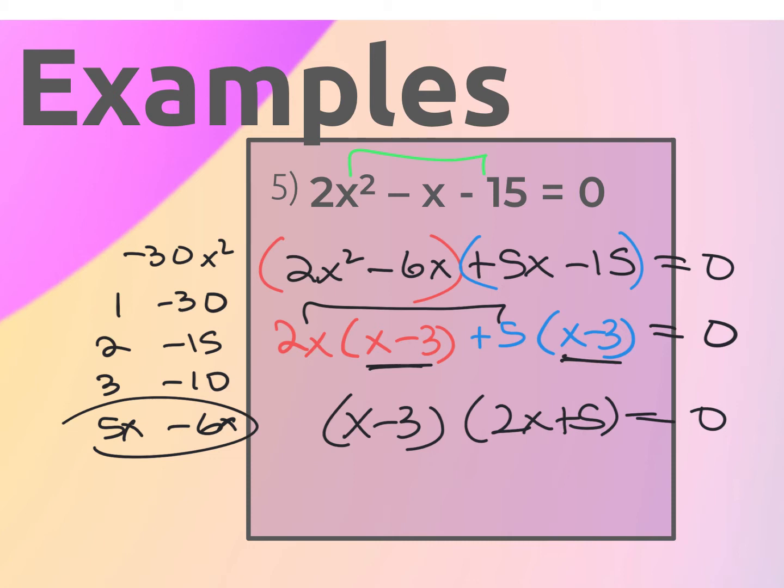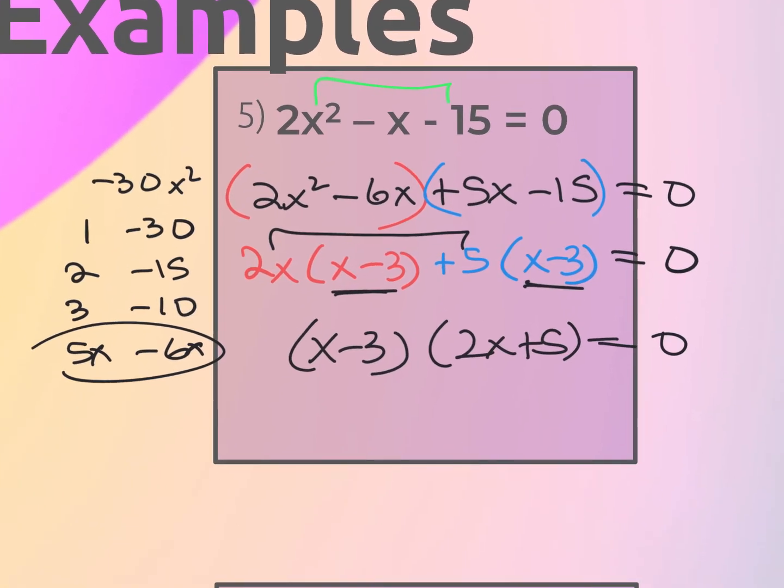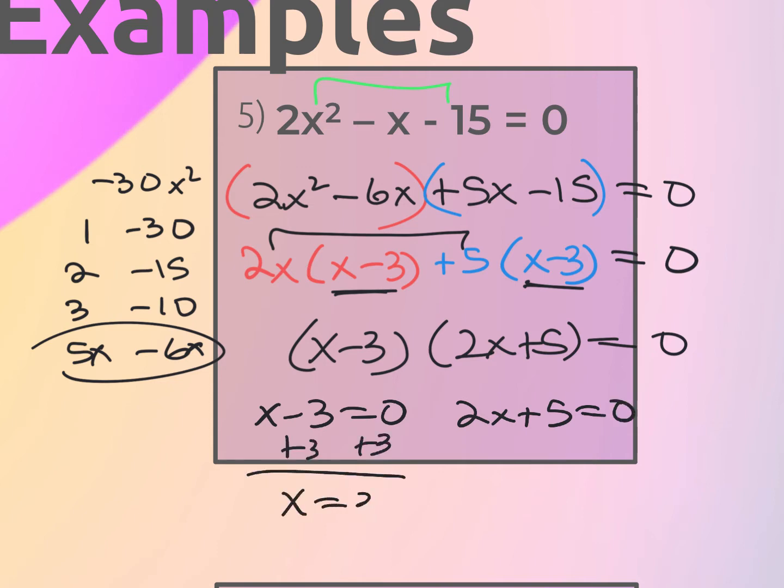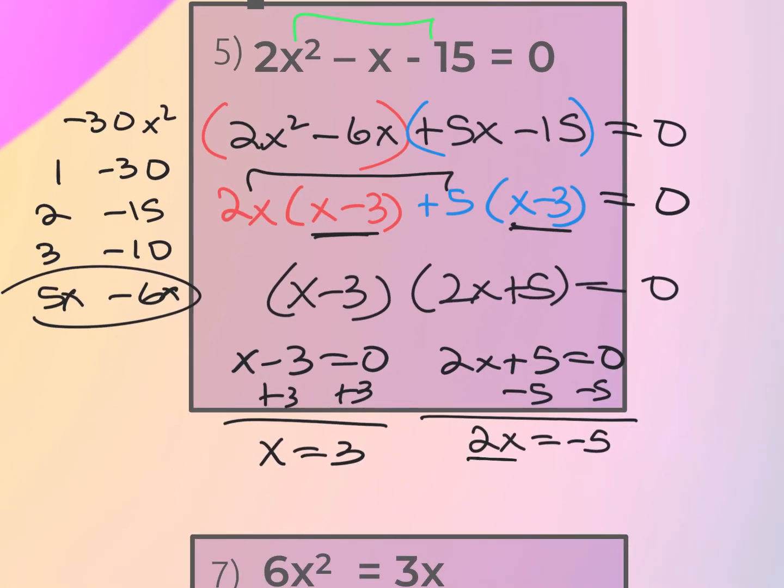Now we've got to take it one extra step, set each of these factors equal to 0. So x minus 3 equals 0, and 2x plus 5 equals 0. Add the 3, x equals 3. Subtract the 5, 2x equals negative 5, divide by 2, and x equals negative 5 over 2.